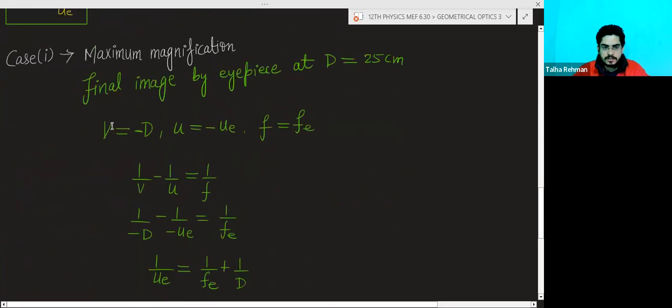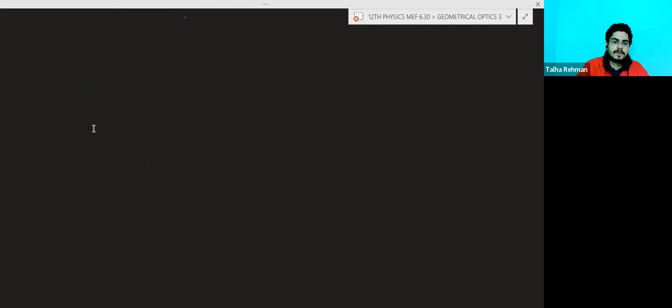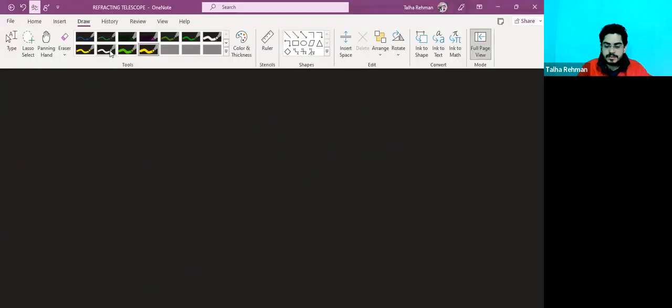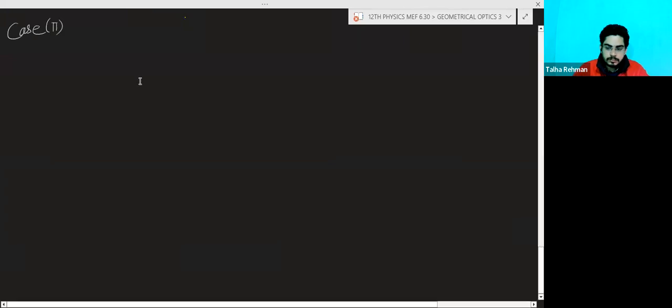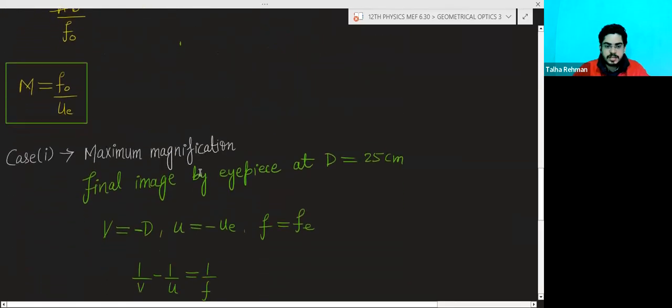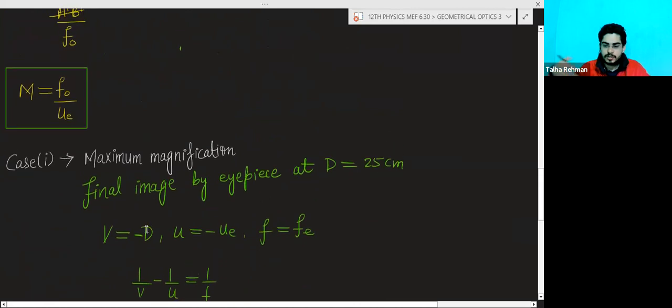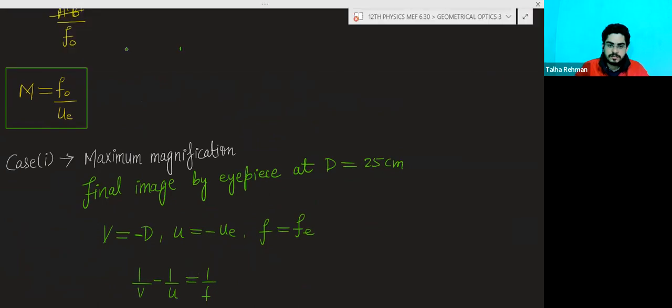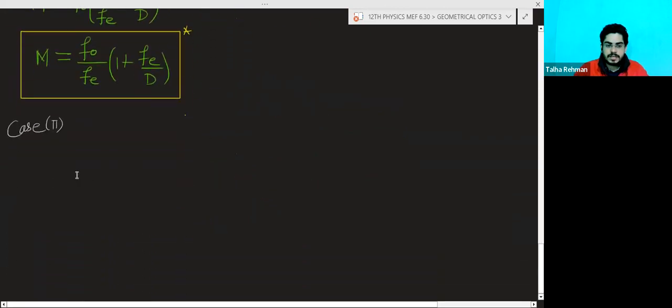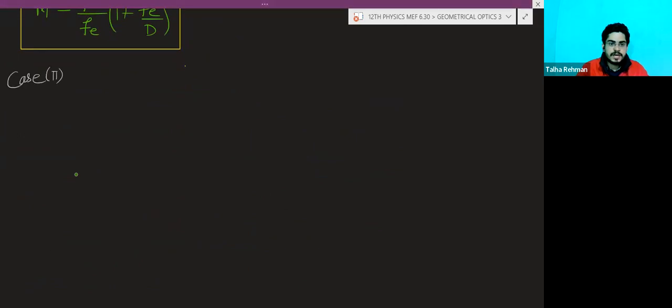Okay. Case number second, normal adjustment. If you want the maximum magnification, then the image will form at 25 centimeters, so to see that image your eyes will be in a strained condition.